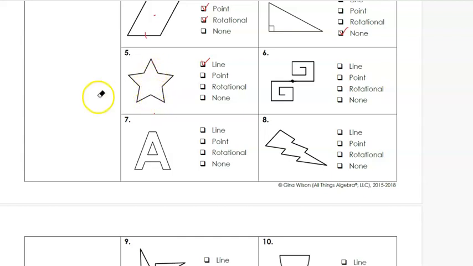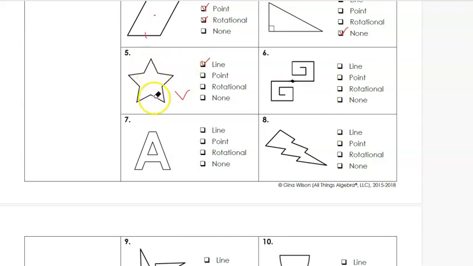So for point symmetry, you're basically going to flip this. If you flip this over, turn it so that it's upside down, you would think maybe it would be the same, but the top, notice this would become the top, and it's got that V shape, and this would become the bottom, which would be a point like that, so the V shape would actually be opening up.